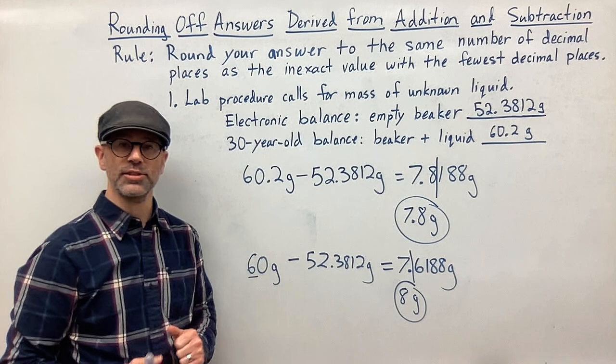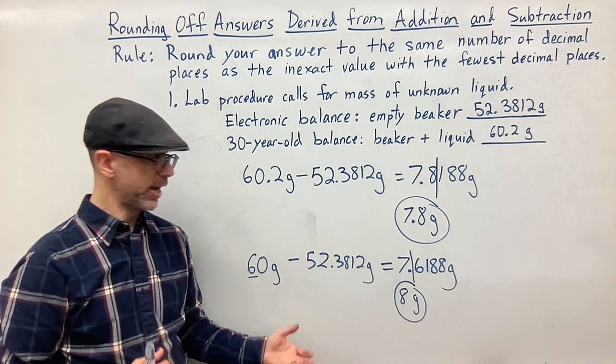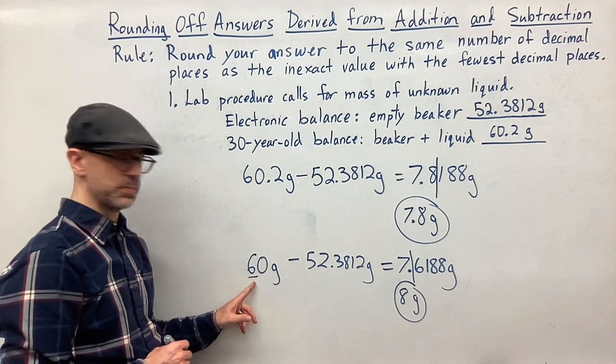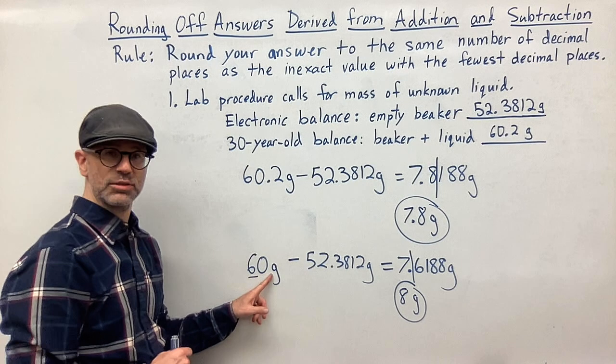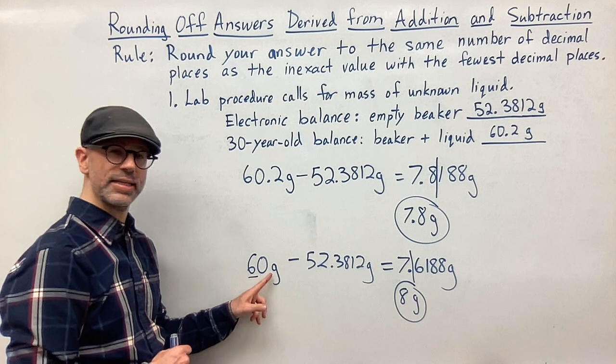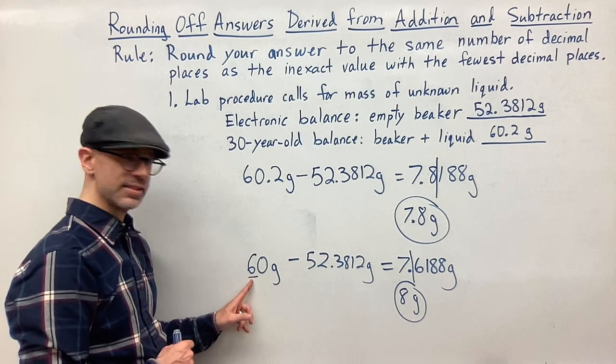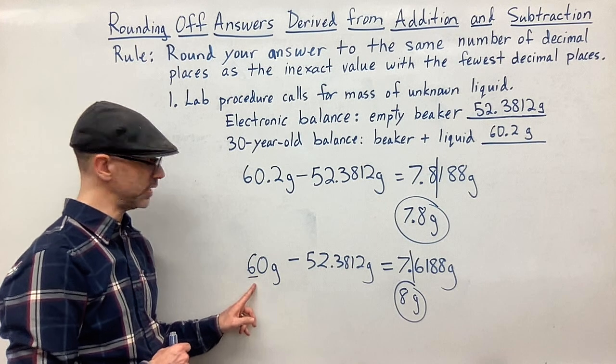And that would be understandable, but that would be incorrect, because the last digit of significance is the 6, because we don't have a decimal place here. So since we don't have a decimal place, this 0 is not significant. So the 6 is the last one. That's the tens place.